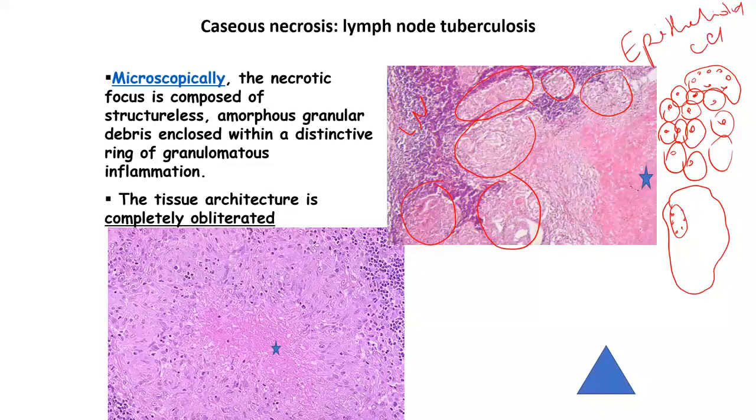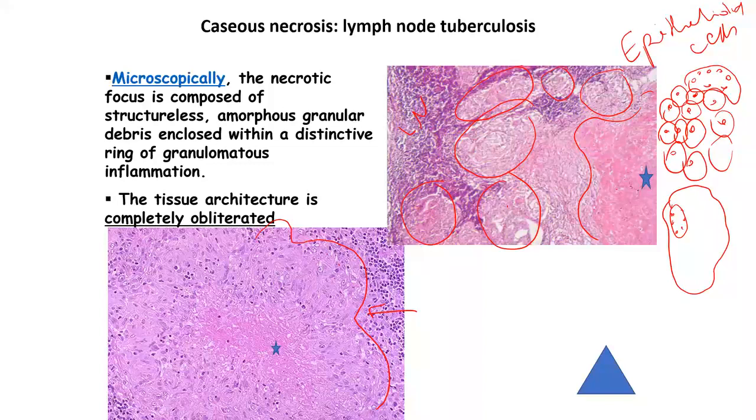Epithelioid cells. Fine. Besides the presence of these granulomas, you find something amorphous here. Amorphous, it has no structure, structureless. Something that is eosinophilic and granular, and it doesn't have a certain structure. If you look at this picture again, these are the granulomas, and these are the modified histiocytes.